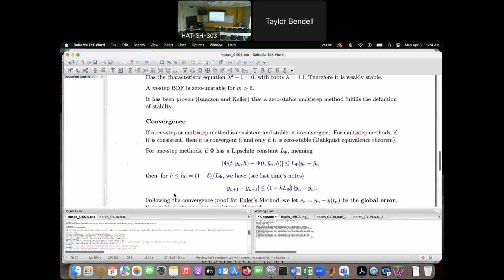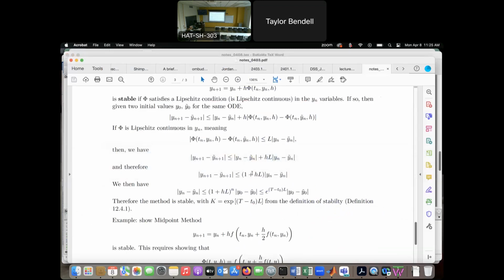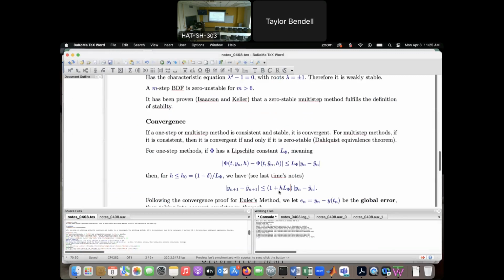Make sure that matches up. Here I have just L in last time's notes, but I'm calling it L sub phi over here. I don't have this condition anymore.